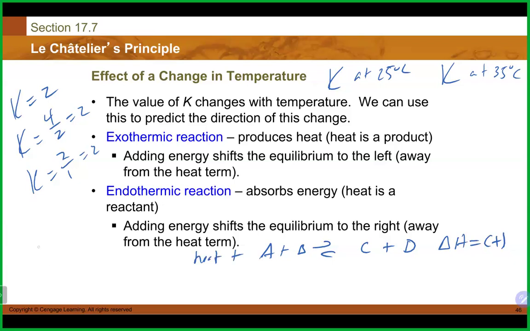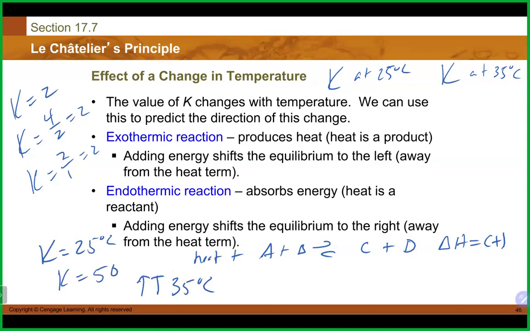So if my K value at 25 degrees Celsius was, say, 50, and I increase the temperature to 35 degrees Celsius, should my K value go up or down in this case?